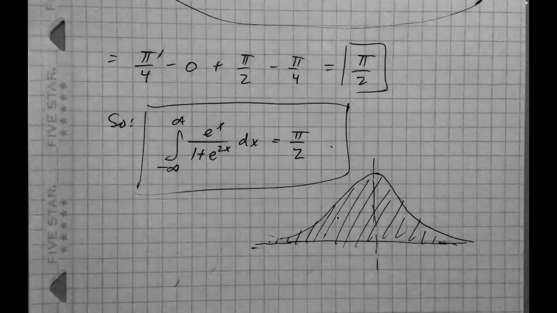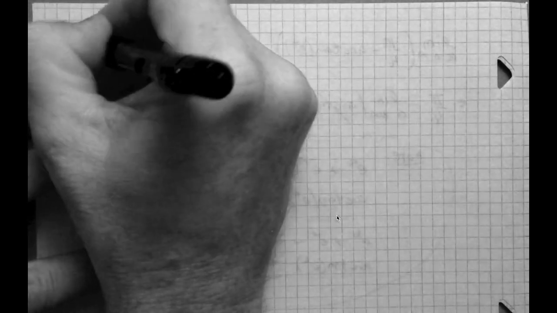Now let's switch gears to the other type of improper integral that we can come across. All right, so the second type of improper integral. Remember, this is one that has an infinite discontinuity at or between the limits of integration. So let's write that down.